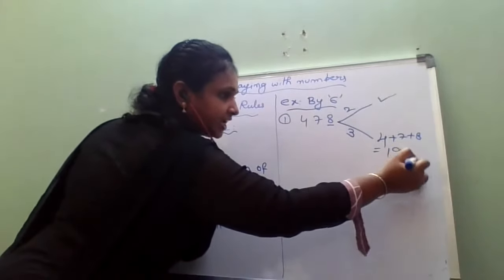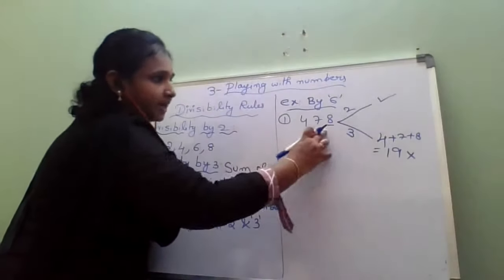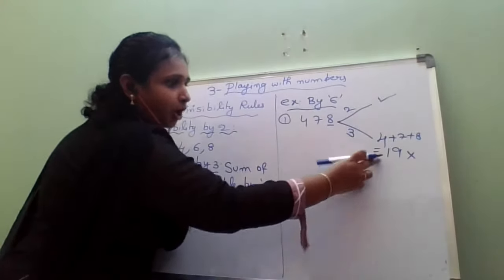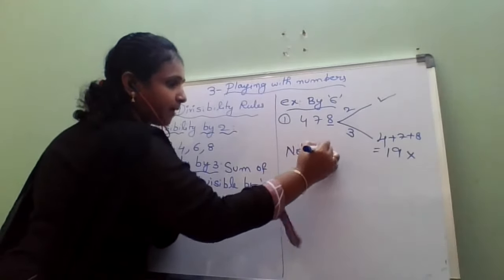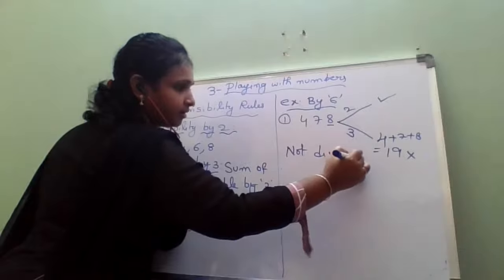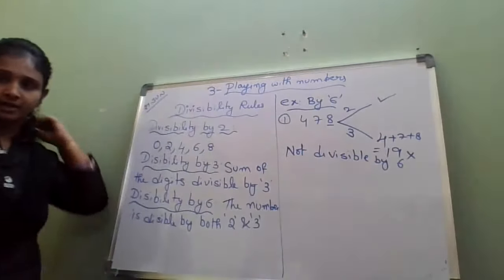So this 19 is not divisible by 3. This number is divisible by 2 but not divisible by 3. So this number is not divisible by 6. Okay.